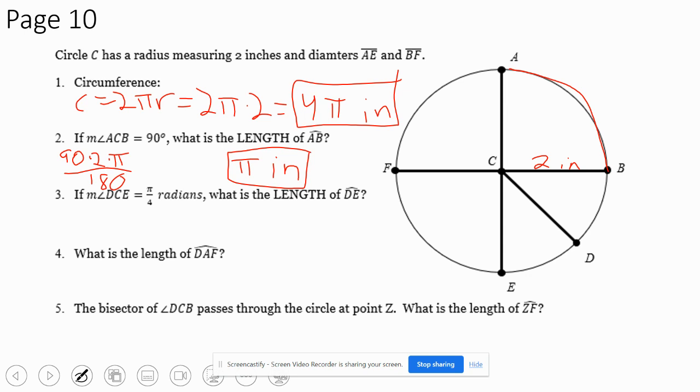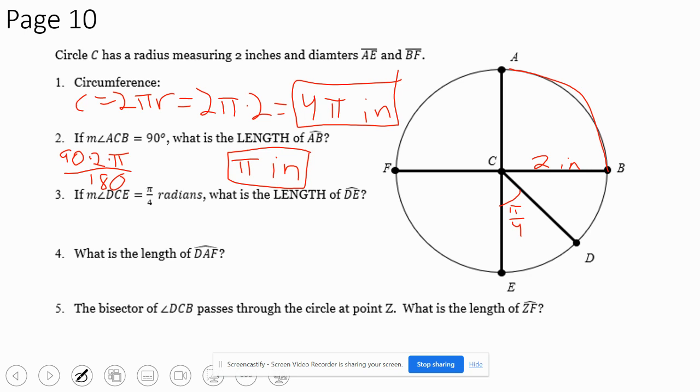Okay. Next, I'm given the measure of angle DCE. So let me find that. DCE is pi over 4 radians. What is the length of DE? Again, I can think of this as a fraction of the circle, or I could think about this using the formula.